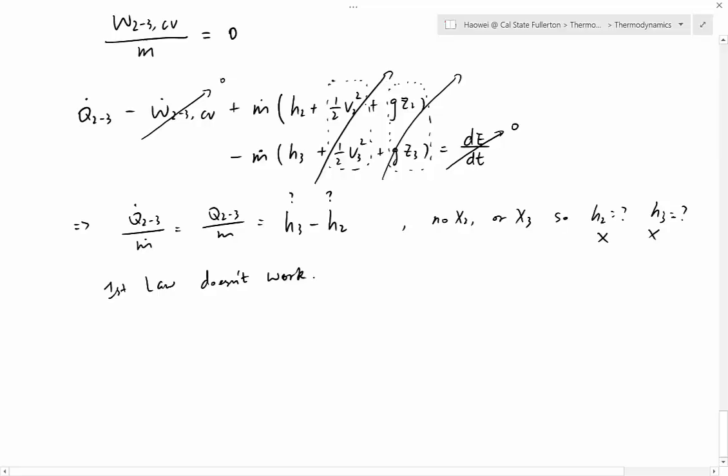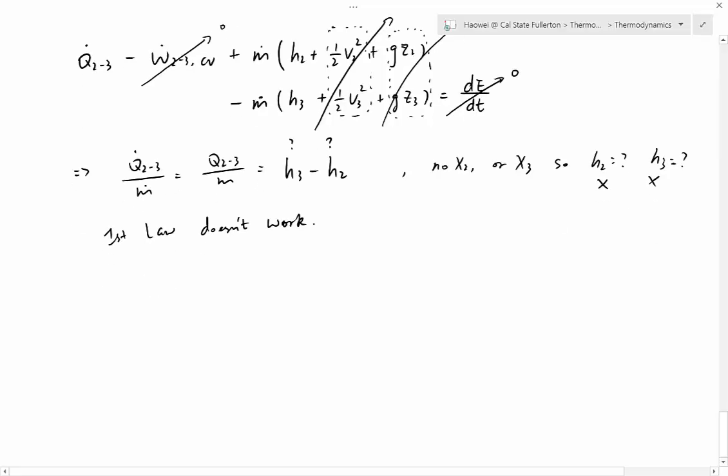So how should we look for heat transfer 223? Don't forget, this is a Carnot cycle. If you see the Carnot, don't forget what's the definition of a Carnot cycle. It's a series of 4 processes, and each one of them is reversible. So if you see the word Carnot, you need to think of the word reversible.